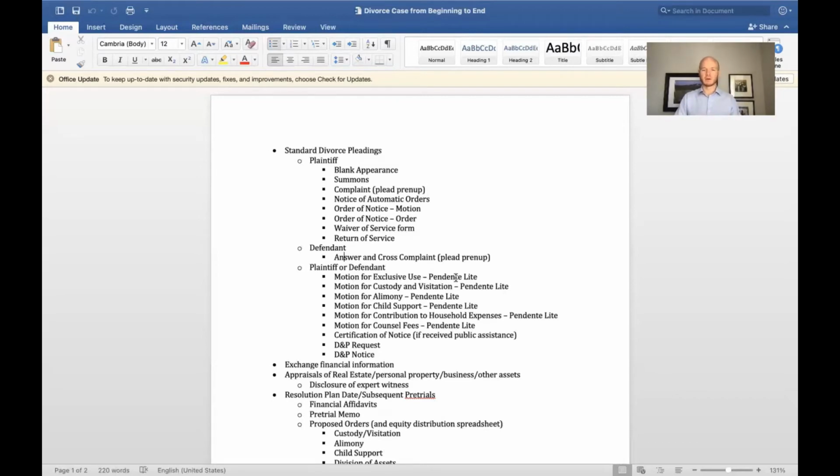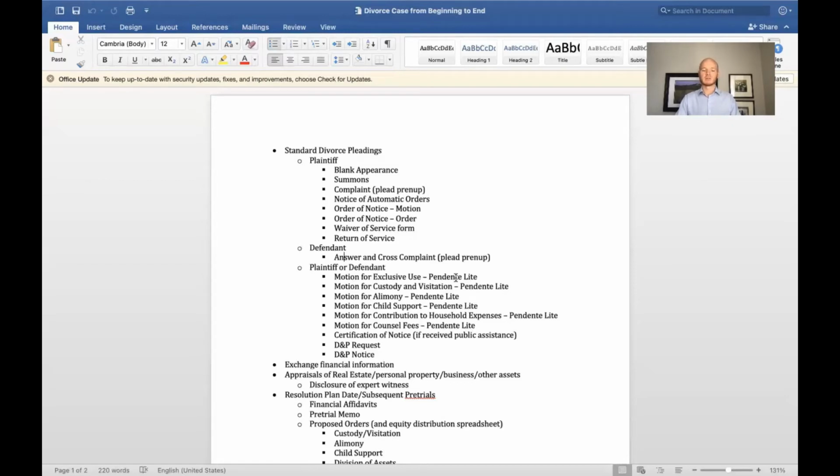Then there's a motion for custody and visitation, Pendente Lite. Whenever there's kids, those are generally filed right off the bat because you want to start working towards figuring out a parenting plan for the kids. Ultimately, in a divorce, generally the people are going to be living apart from one another.